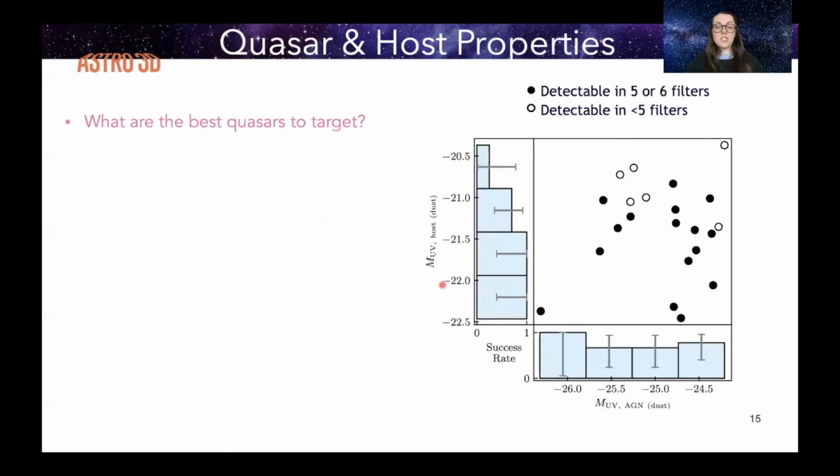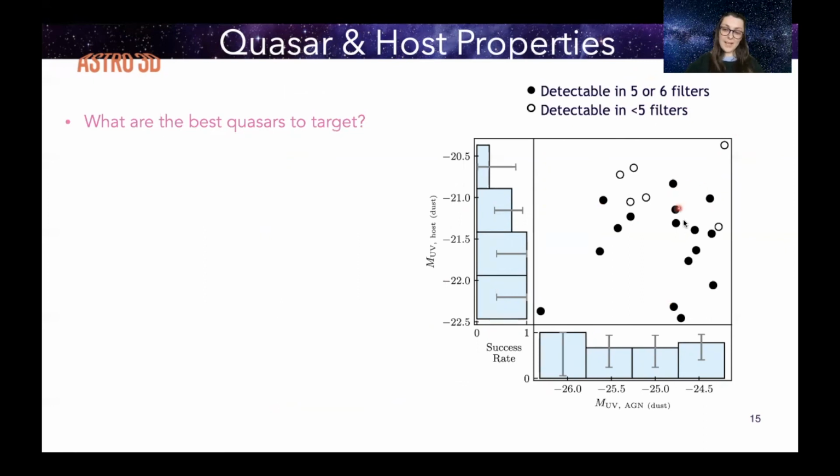The final question then is, what kind of quasar should we target to optimize our number of successful detections? For this, we classify a host galaxy as detectable if it's detected in 5 or 6 of the 6 filters, or undetectable if it's detected in less than 5, just for simplicity.